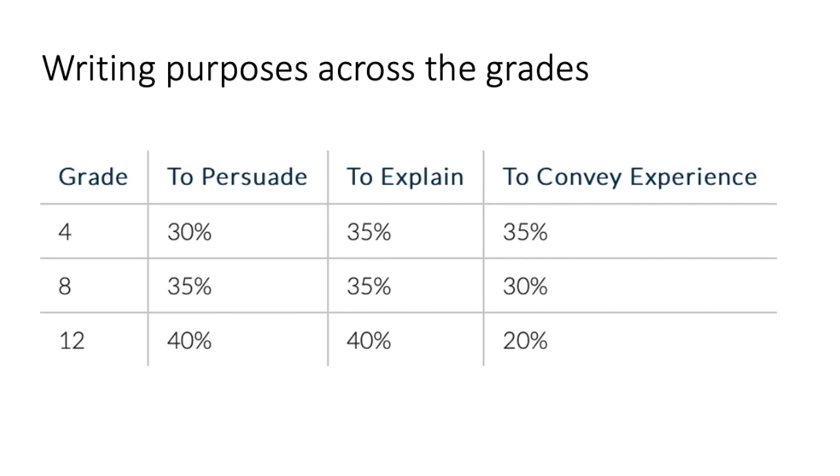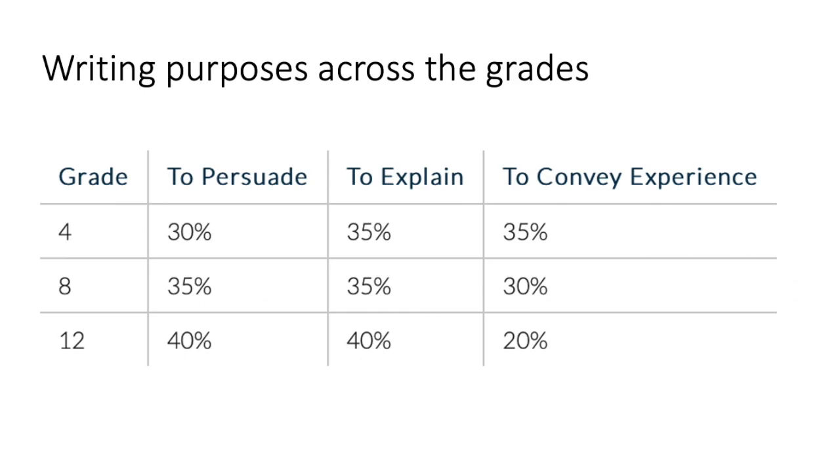In the standards, this has not changed since 2010. They talk about writing purposes across the grades, and this is just a note about what percentage of the kinds of writing that students should be doing from grade to grade. So, for example, in grade 4, about 30% of student writing should be to persuade.